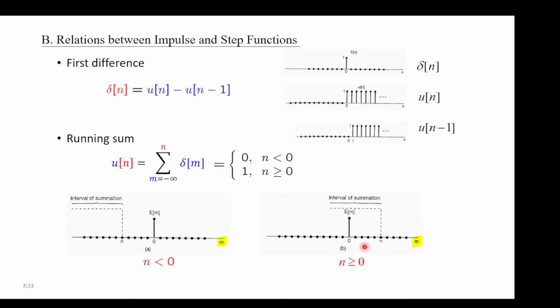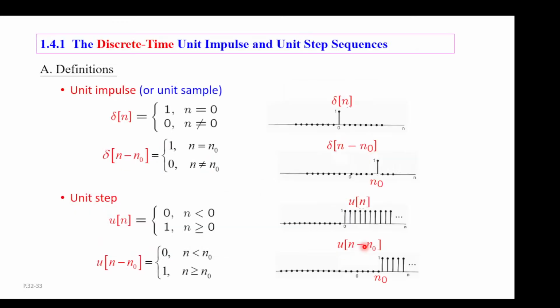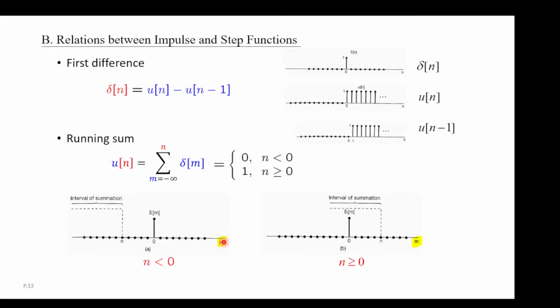Any questions so far? Once again, just to make sure, the unit step function is 0 when n is less than 0, and 1 when n is greater or equal to 0. So we can write the unit step function as a running sum of the unit impulse function.